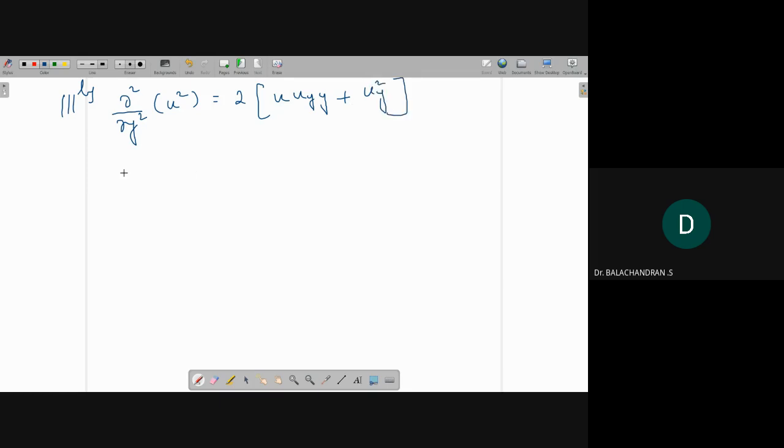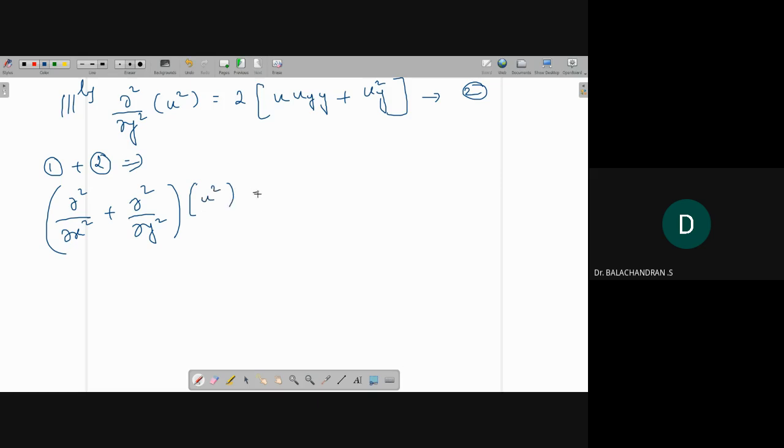Okay, so now this is 2. If you add 1 and 2, you get ∂²/∂x² plus ∂²/∂y² of the modulus of the real part of z. Or you can write that as u squared first.